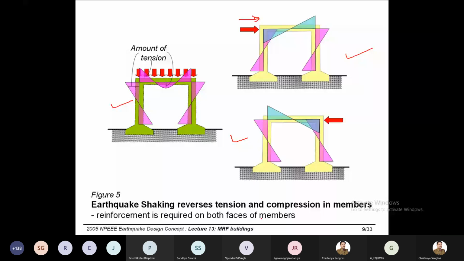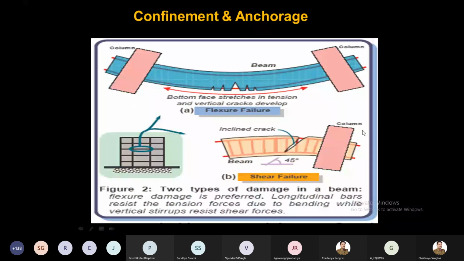Here you can see where the tension is coming, and it reverses. So basically you have to provide reinforcement on both faces of the member, right? That is required because earthquake shaking reverses the tension and compression in the members.